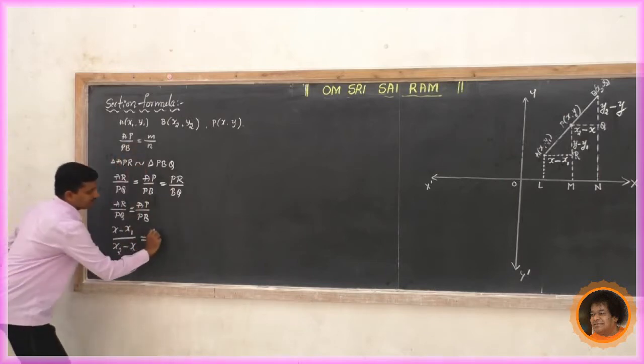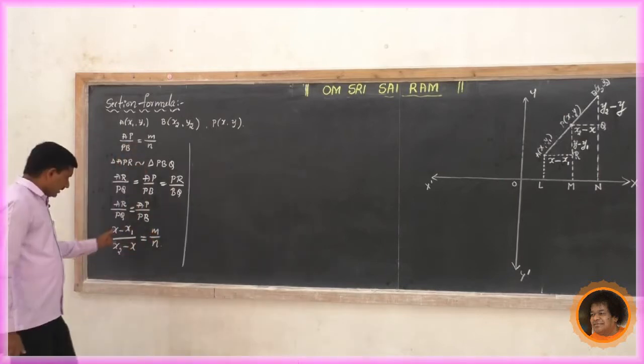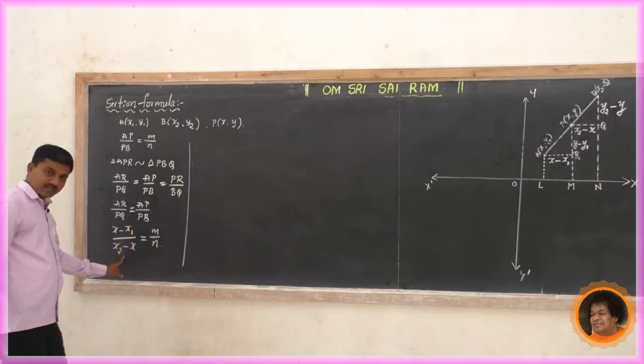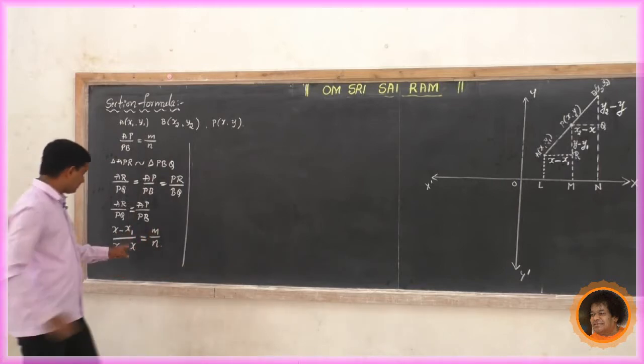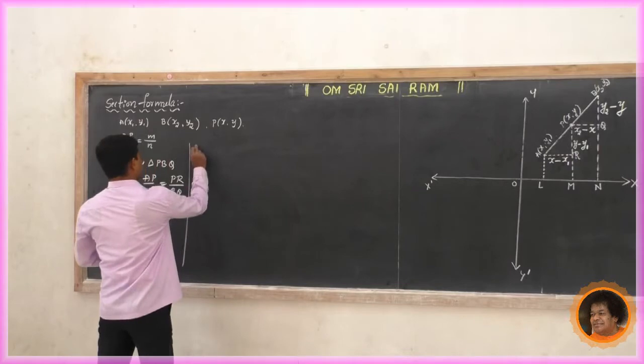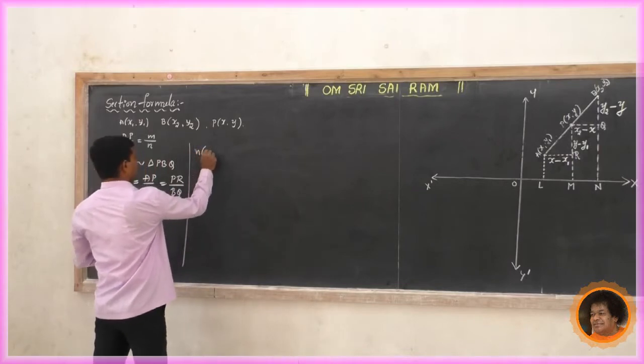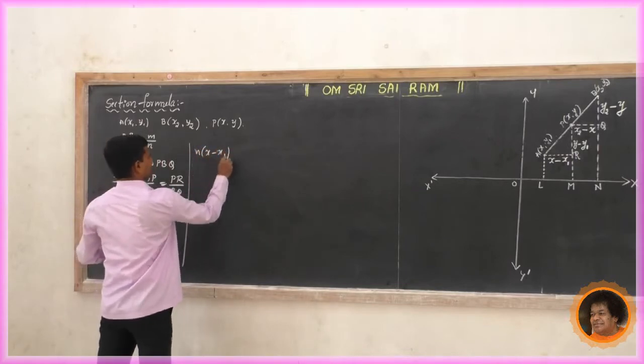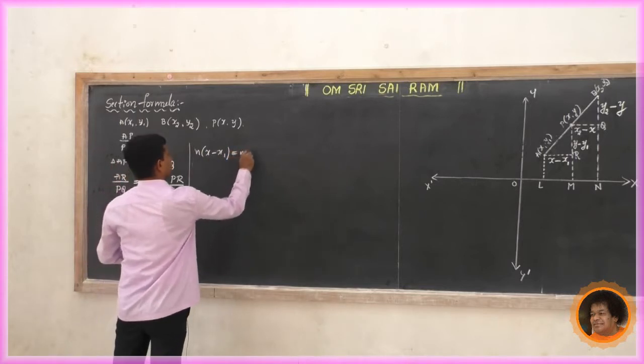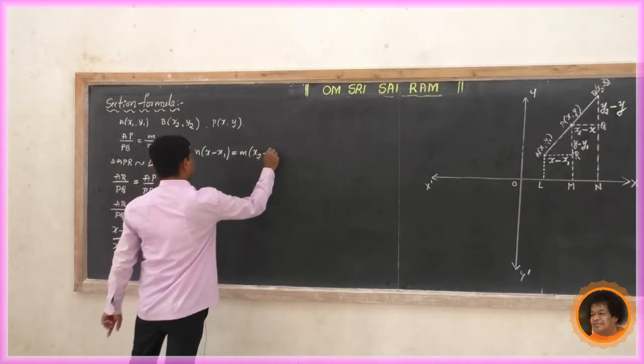AP by PB is M divided by N. So x minus x1 divided by x2 minus x equal to M by N. Now cross multiply. So N into x minus x1 equal to M into x2 minus x.